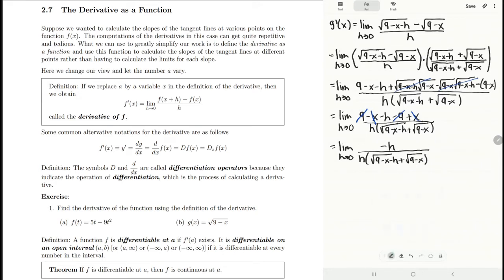And now we can cancel the factors of h. So we have the limit as h goes to 0 of negative 1 over root 9 minus x minus h plus root 9 minus x.